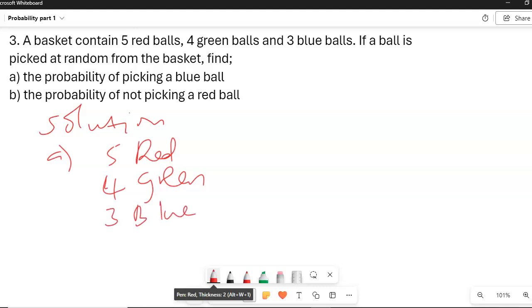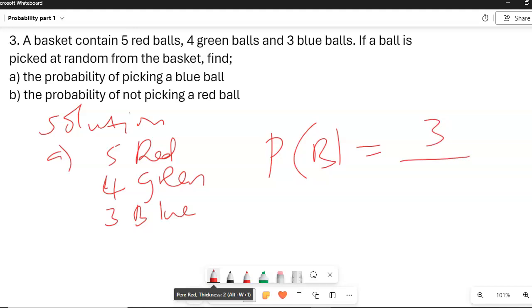So we want to get the probability of picking a blue. We ask ourselves how many blue balls do we have? In our case, we have 3 out of the total number of balls that we have.